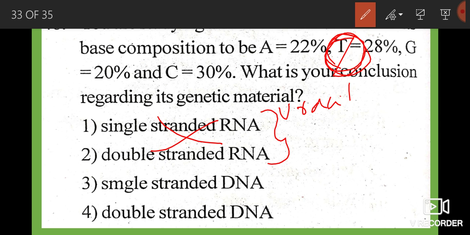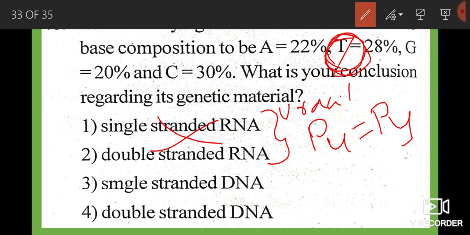The remaining two are single-stranded DNA or double-stranded DNA. According to Chargaff's ratio, purines equal pyrimidines, and A equals T, but here adenine is 22% and thymine is 28%, which is unequal.